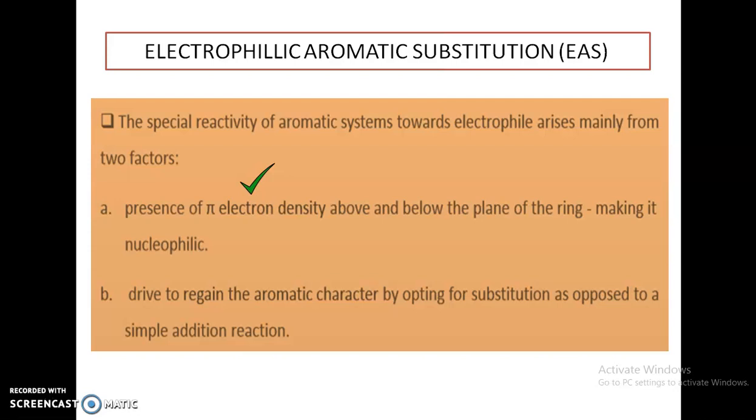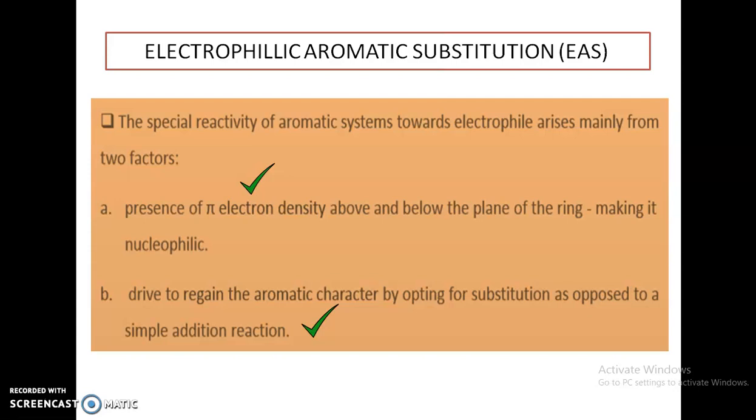We know the benzene structure very well now. And a very important reason is that my aromatic moiety has a drive to regain its own aromatic character. The aromaticity is regained at the last step of electrophilic substitution, and hence the aromaticity is maintained.